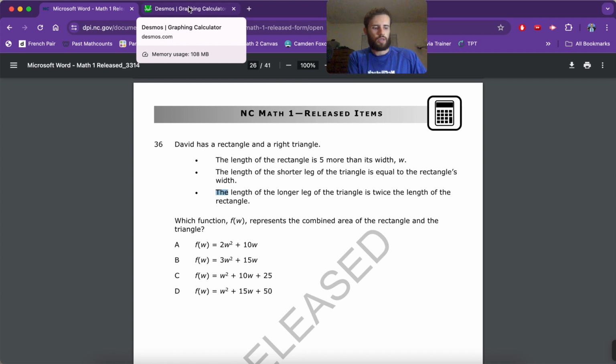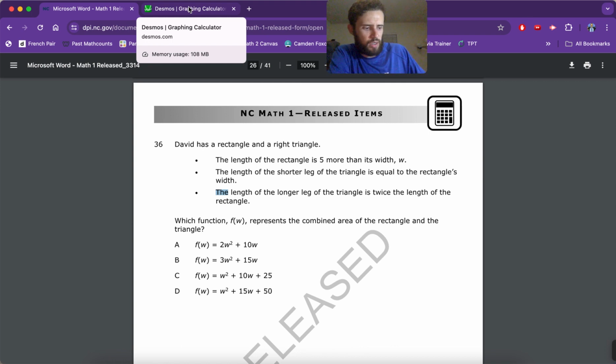So we've got W is your width, and W plus 5 is your length of the rectangle. And then you've got a right triangle where the shorter leg is W. And the length of the longer leg of the triangle is twice the length of the rectangle. So it's 2 times W plus 5.